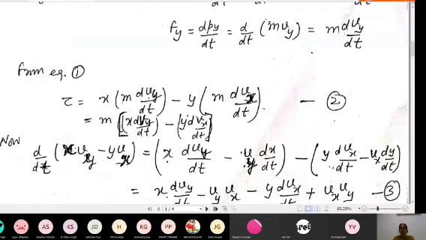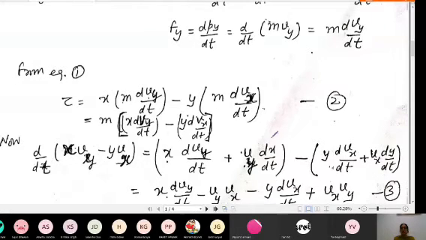x as it is, derivative of Vy, dVy by dt, plus Vy as it is, derivative of x, dx by dt. So this you have to work out. Similarly here, for the second quantity, take the negative sign outside, and inside take the derivative: y as it is, dVx by dt, plus Vx dy by dt.